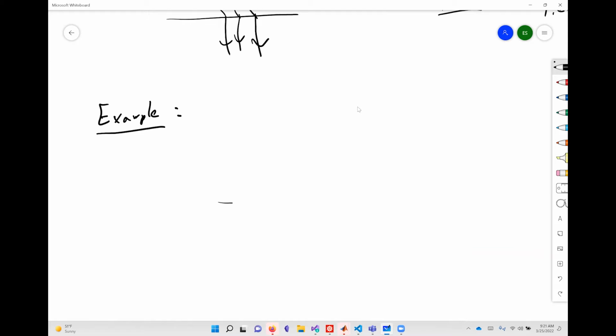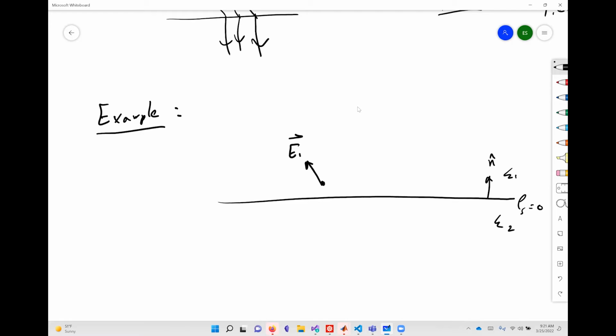So I have the interface. I have rho S0 per usual. I have this positive direction. I have epsilon1, I have epsilon2. And the idea is that here, just after, I have my field, my light wave is coming in. It has electrical fields and magnetic fields. Right now, we only know about electrical fields, so let's just focus on the electrical fields. So I have after the boundary E1, and before the boundary, I have E2.